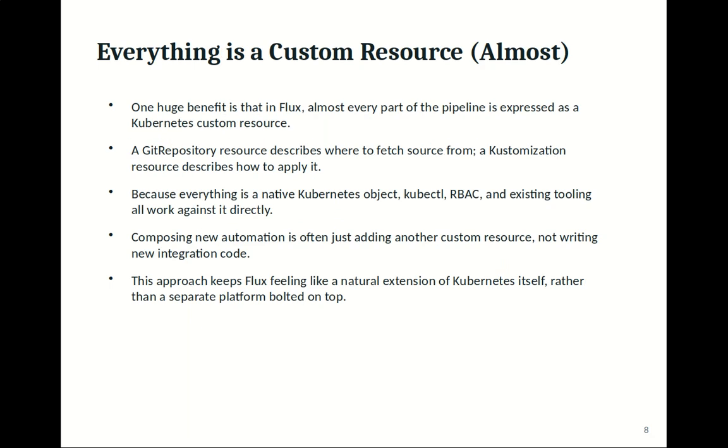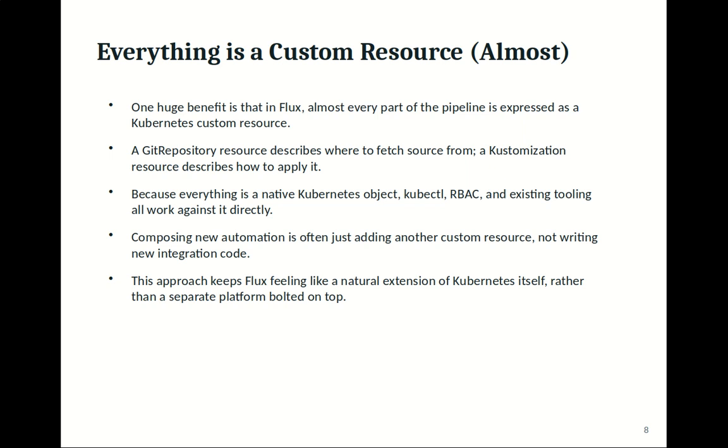Everything is a custom resource, almost. One huge benefit is that in Flux, almost every part of the pipeline is expressed as a Kubernetes custom resource. A GitRepository resource describes where to fetch source from. A Kustomization resource describes how to apply it.